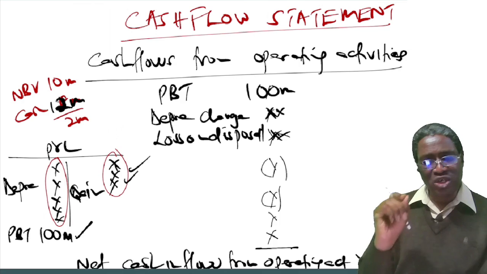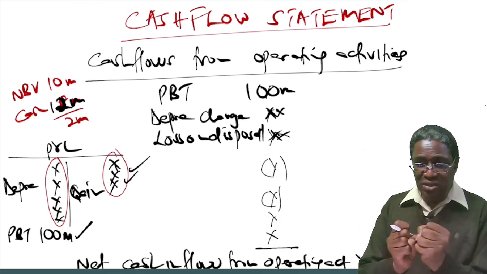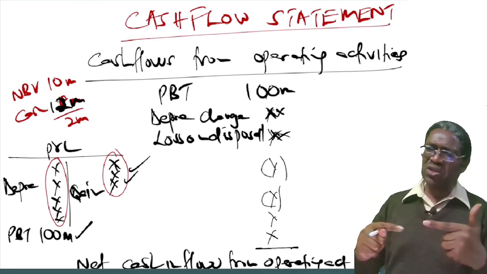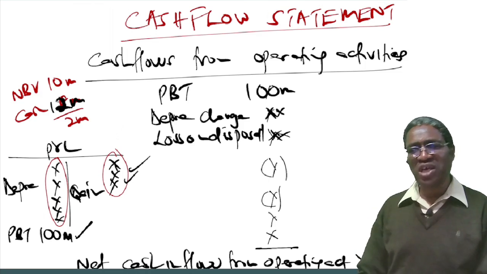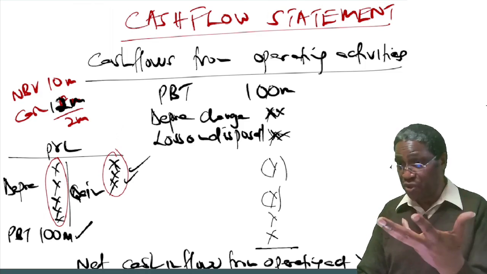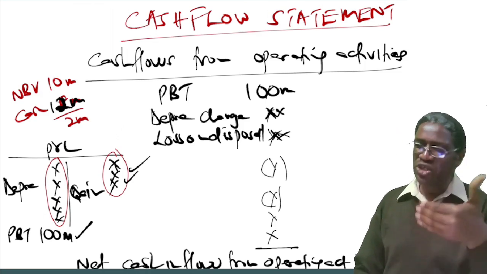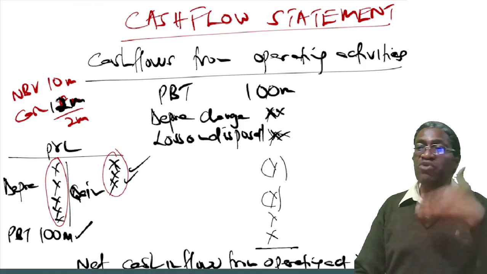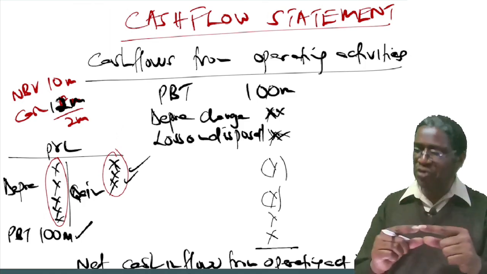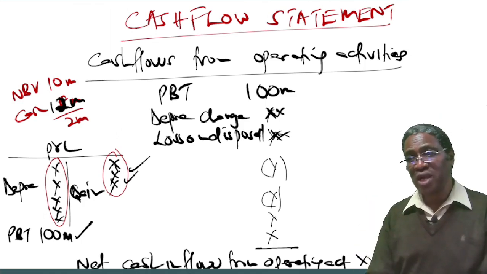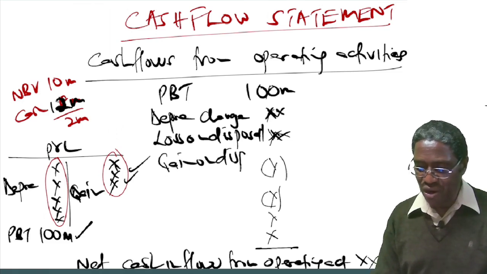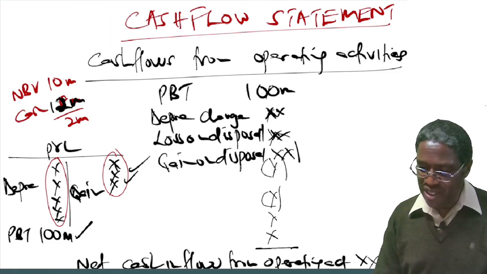So we want to ask ourselves, what effect did that gain on disposal have on my profit from the cash point of view? It made my profit more than it should be. So to correct it, I minus. Gain on disposal, whatever it is, you minus.